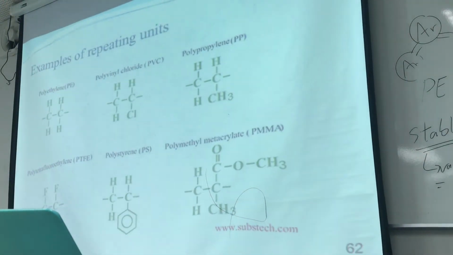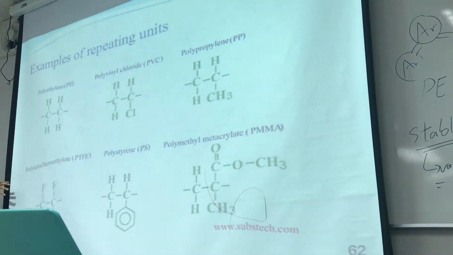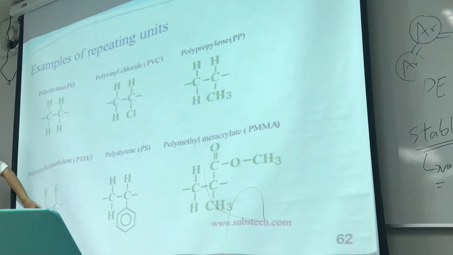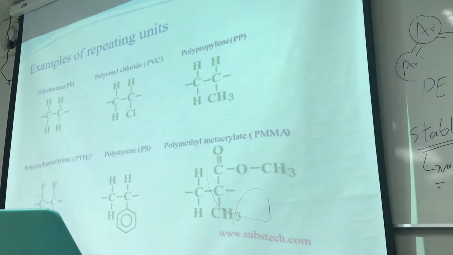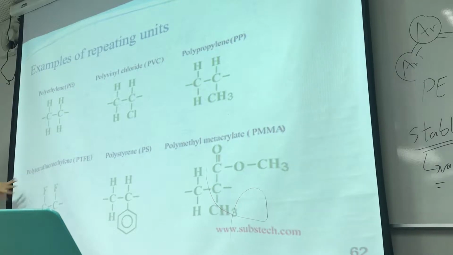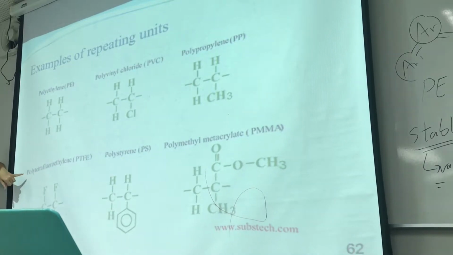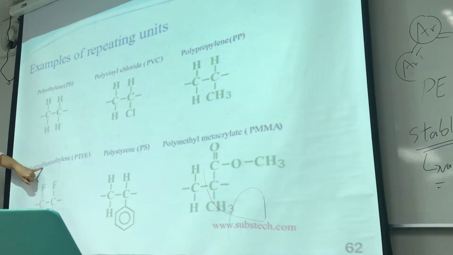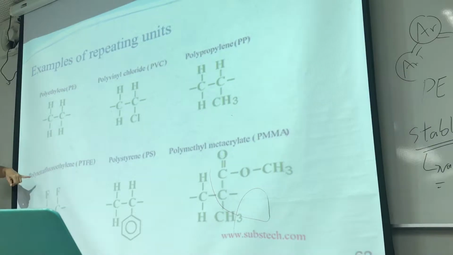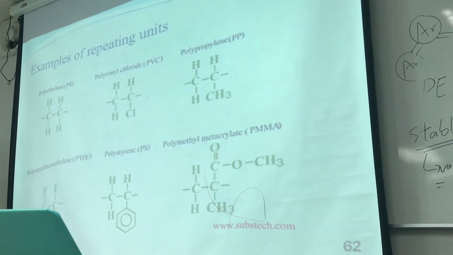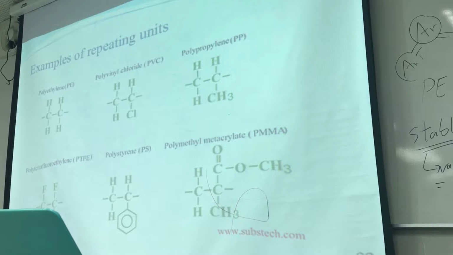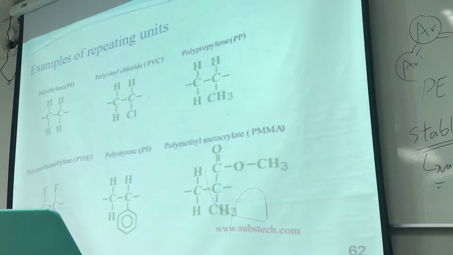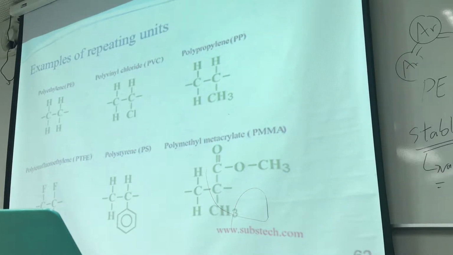See that? Easy. Next, if we replace all the H, but we replace all of them with F. Look here. You would hate me at first, but don't hate me. Tetra means 4. Fluoro means fluorine. Ethylene is like that. So tetrafluoroethylene is just like ethylene with all the H replaced with F, fluorine.